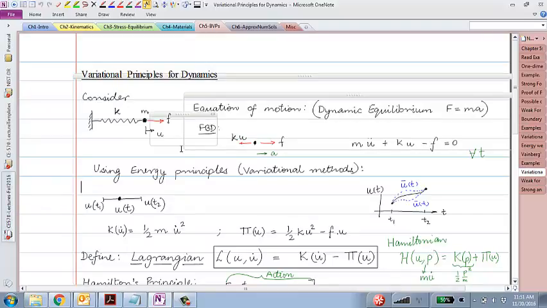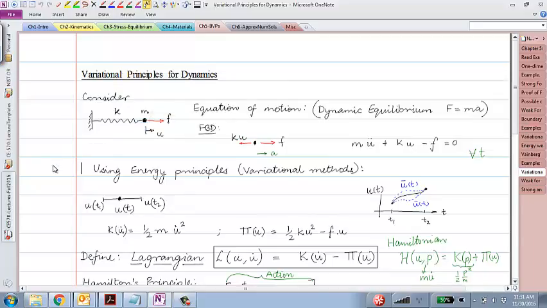In order to do that, I will try to imagine what the trajectory of this single degree of freedom system would be. For example, if I take this single degree of freedom spring system, stretch it, and leave it, it would just oscillate like a sinusoid, correct?